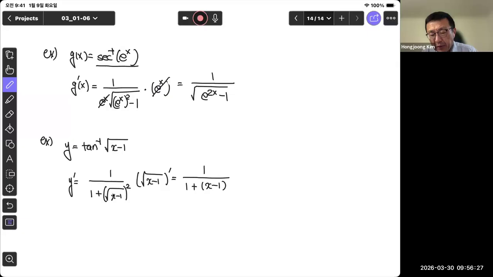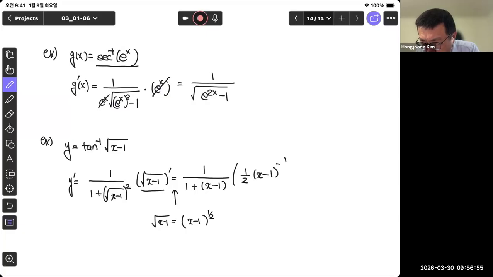You may think that is another composite function, or you need to think that square root of x minus 1 is the half power of x minus 1. So the derivative of square root of x minus 1 is 1/2 of x minus 1 to the negative 1/2, multiplied by the derivative of x minus 1.